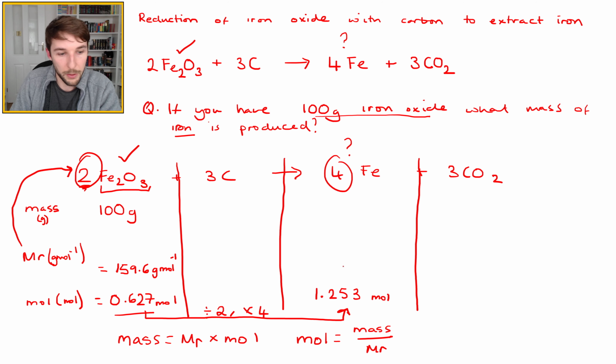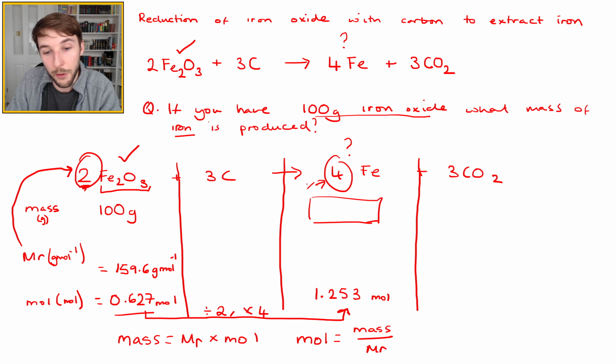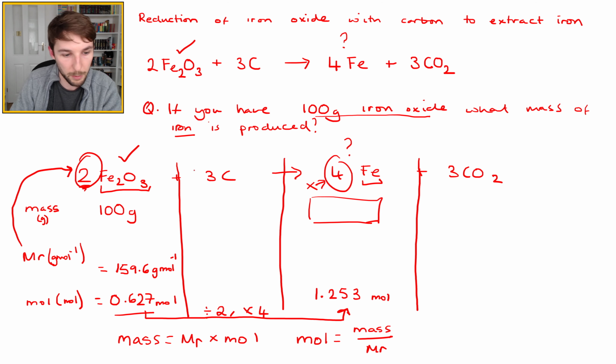So now what we've got to do is we're trying to get this mass number here in this column. But in order to do that, we're going to need an MR value for the iron. Now, with this MR value, remember, it's not going to use this coefficient here. You're simply going to use the formula you're given for the MR. And the iron, if I remember rightly, let's just double check, was 55.8 grams per mole.